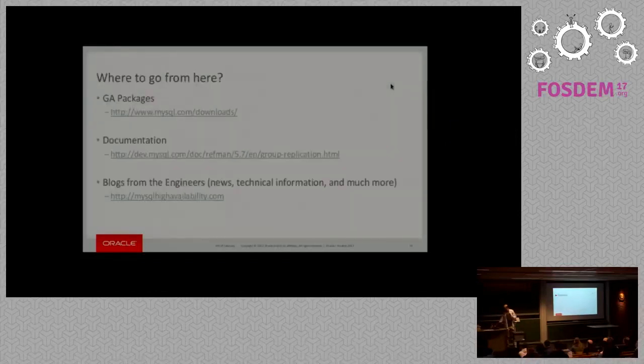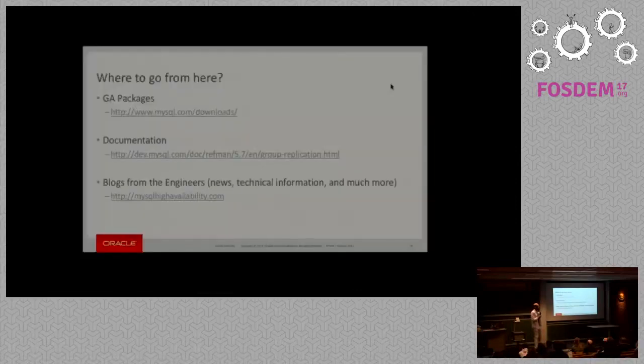And I guess I finished earlier, but that's it. We built group replication based on many of the technologies that we already have. So yes, we have group communication, but for example, recovery in group replication is based on master-slave. It's basically a channel that is created on group replication to the master-slave. So you can join many of these things.